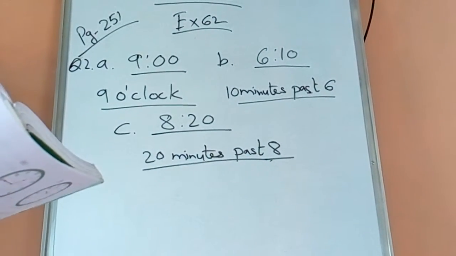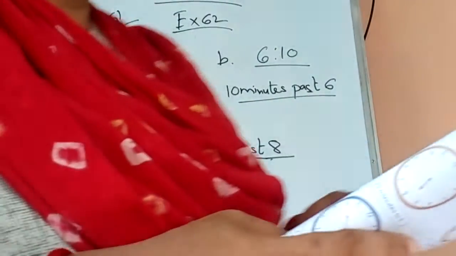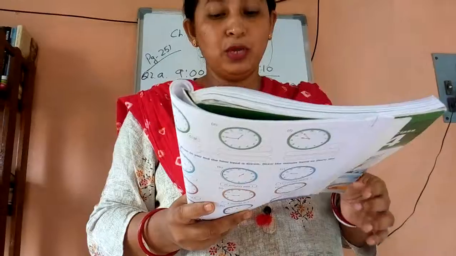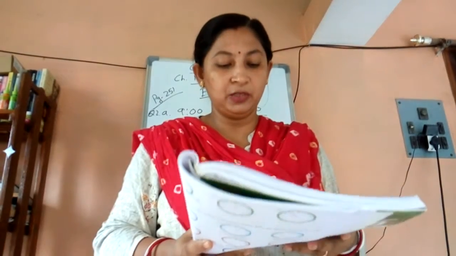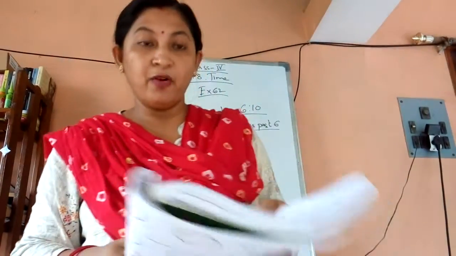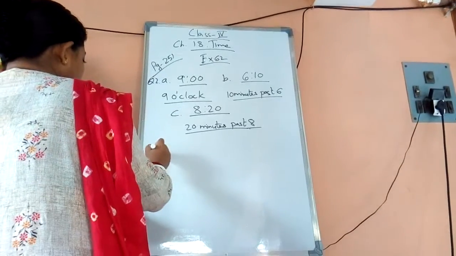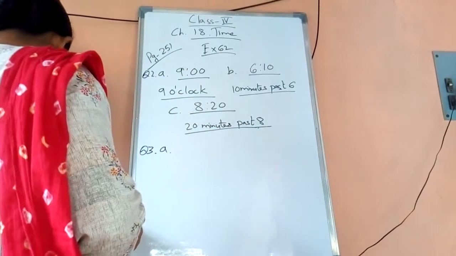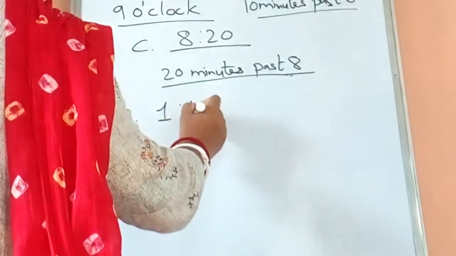Now question number 3. Look at the figure of each clock and write down the time shown by it in 3 different ways. Now you have to write the time in 3 ways. So again start from the first one. Question number 3, the first one, you can see that it is 1:40.